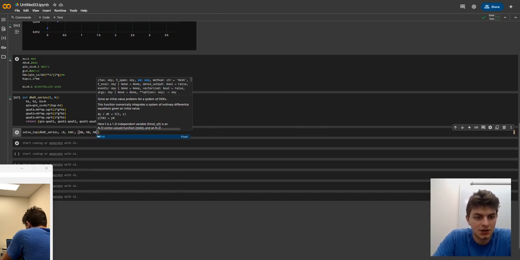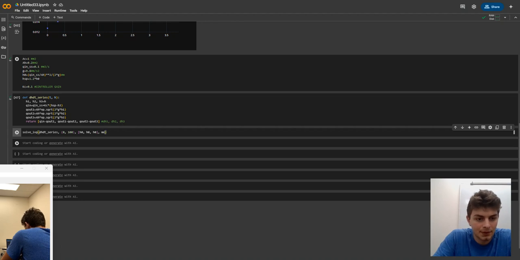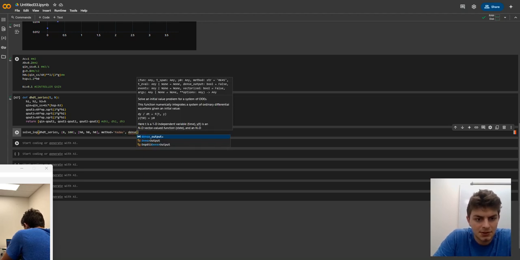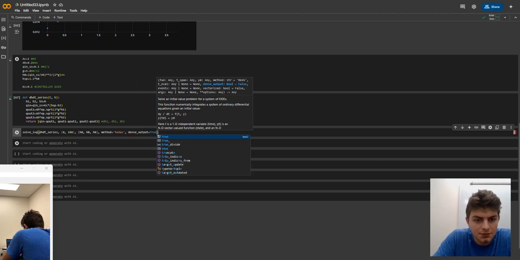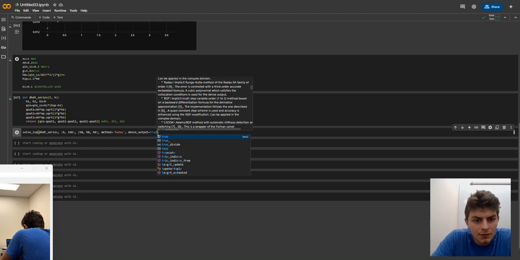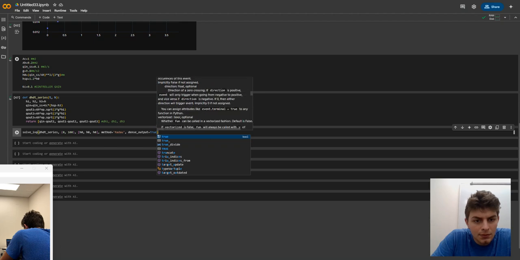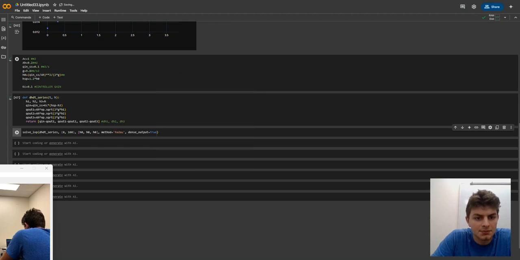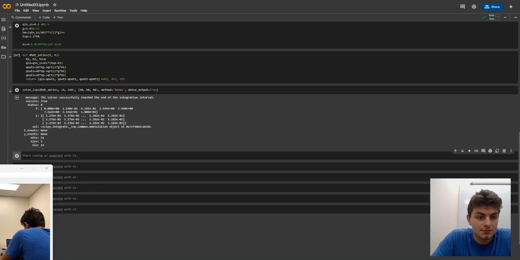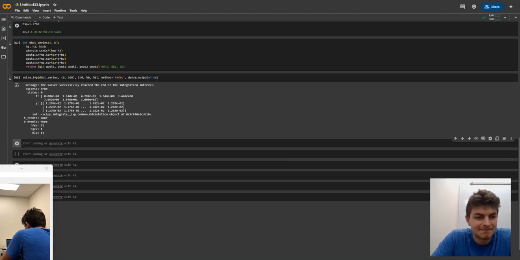Again, we're just going to guess H naught for all three. Method should be equal to Radau. I think we want dense output to be equal to true. What is that going to do to us if we do that? Well, hopefully something good. Alright, so it did solve it.